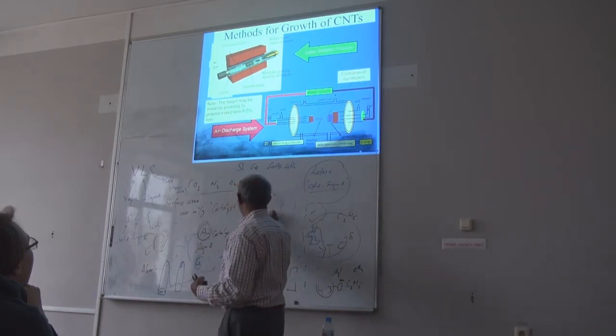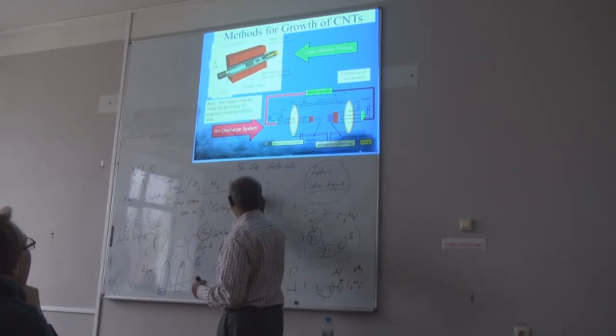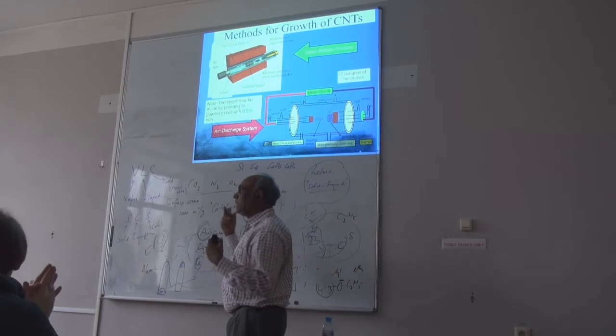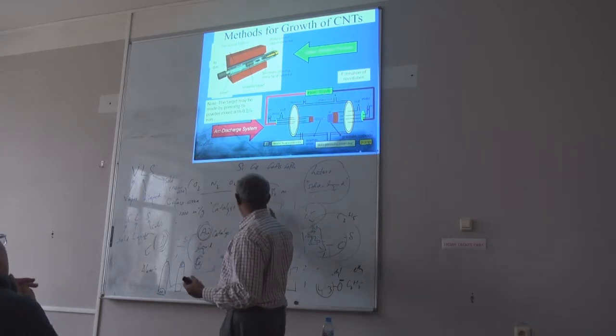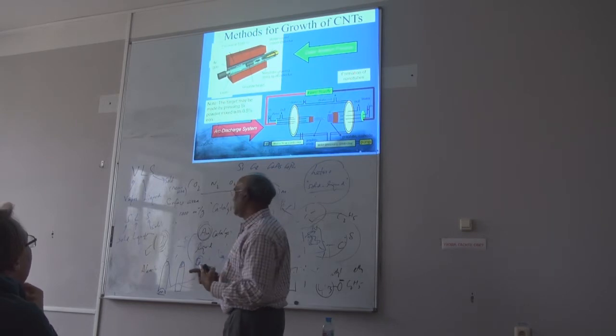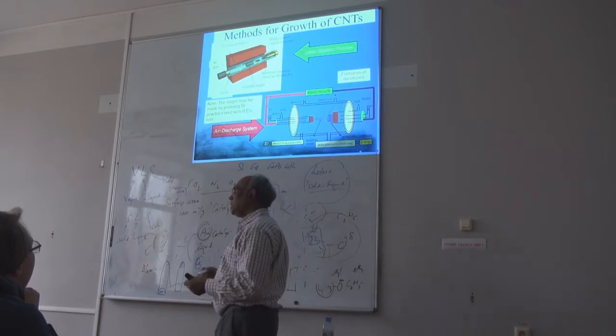Gold and carbon, we call it miscibility, right? Gold and silicon are good, so miscibility is there. But gold and carbon don't mix. So for carbon, the best thing is iron particles.